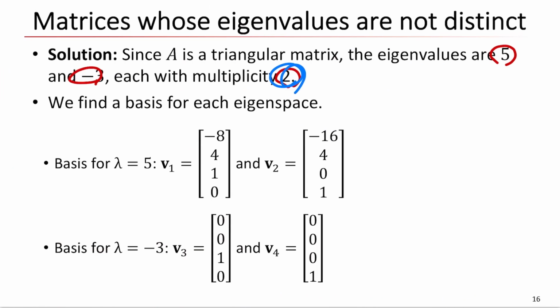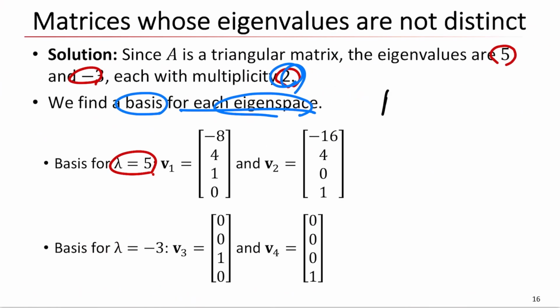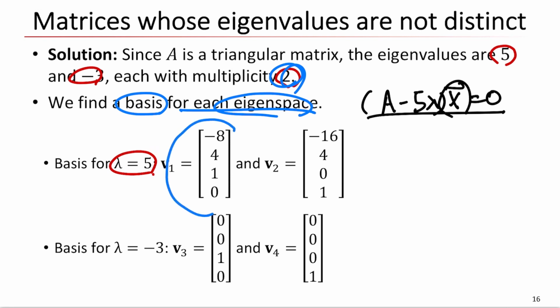Okay, and then we can find the basis for each eigenspace. For example, when lambda is equal to 5, the basis for the solution of the equation (A minus 5I)x = 0 will be something like this and this.